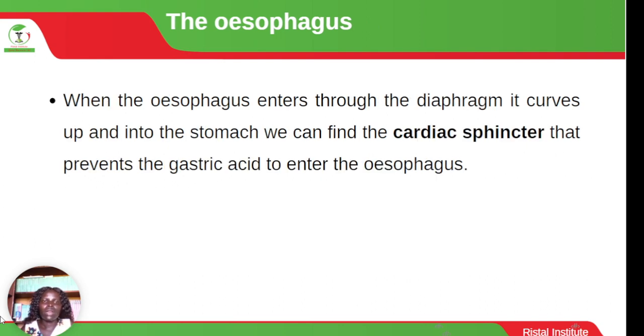When the esophagus enters through the diaphragm, it curves up and into the stomach. We can find the cardiac sphincter that prevents the gastric acid from entering the esophagus, to make sure that the esophagus is kept free from the irritation of the acid.